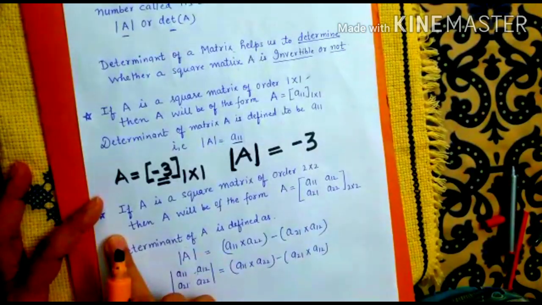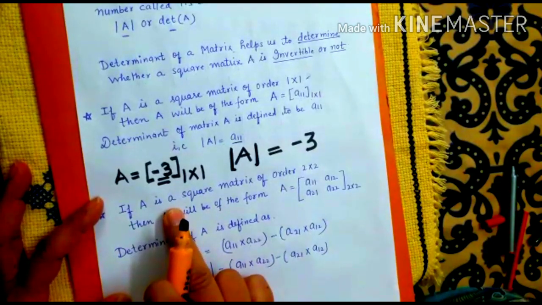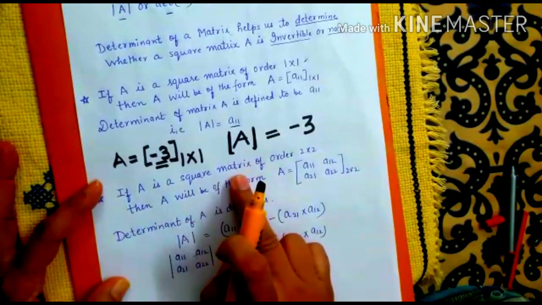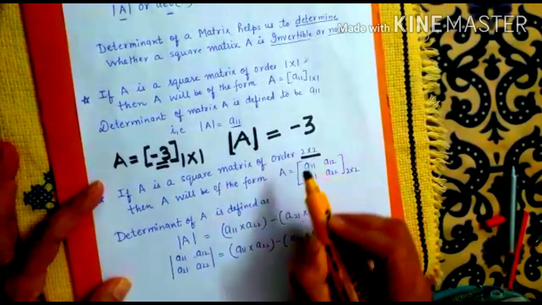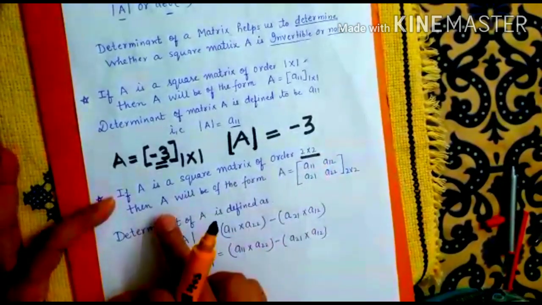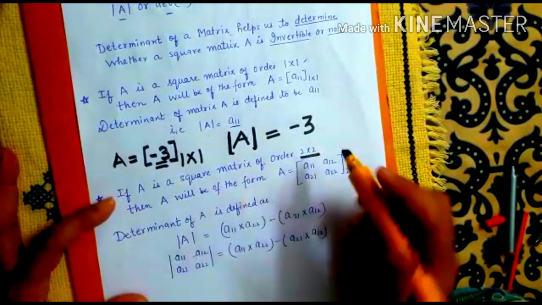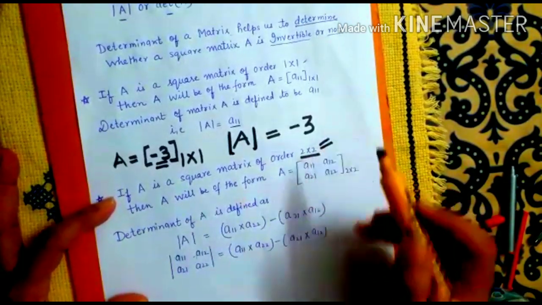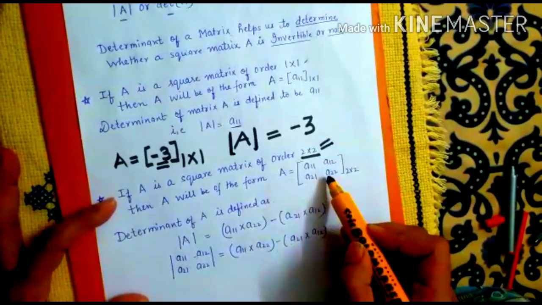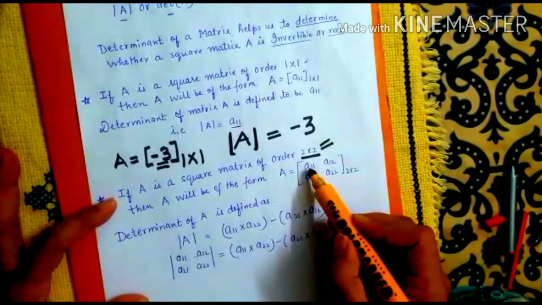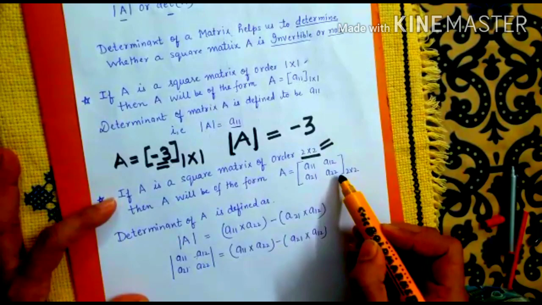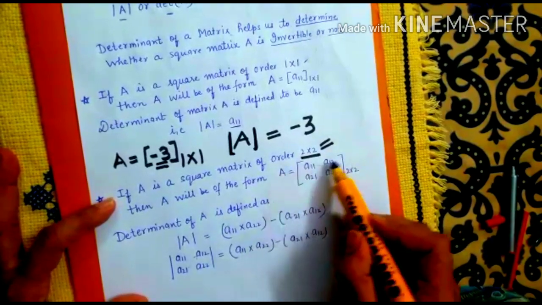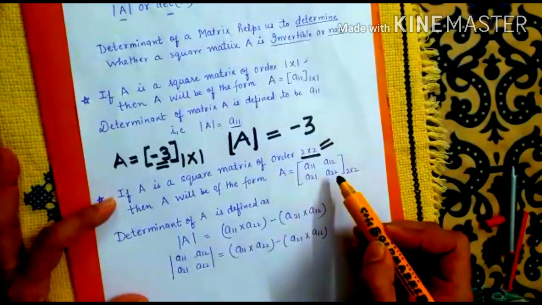Now we will discuss how to find the determinant of a square matrix of order 2 by 2. If A is a square matrix of order 2 by 2, then A will be of this form: A11, A12, A21, A22. The matrix will have 2 rows and 2 columns.